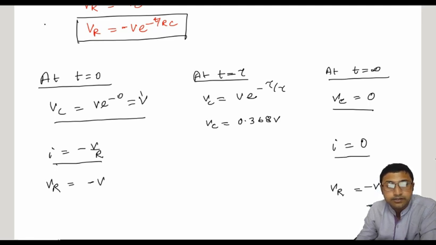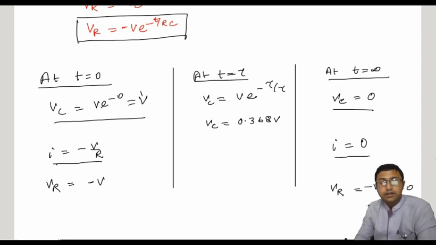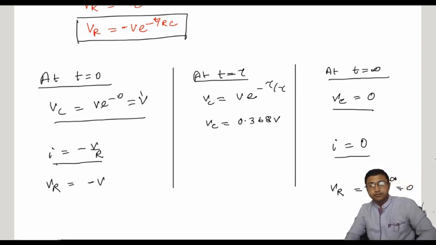So this is basically a tabular format of the behavior of the voltage across the resistance, the voltage across the capacitance, and the current.